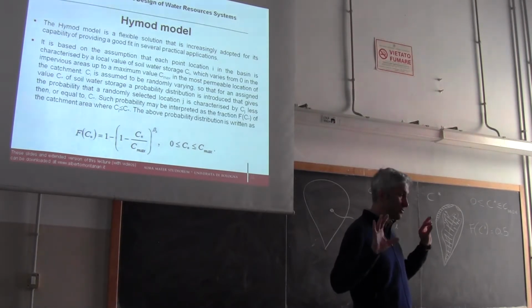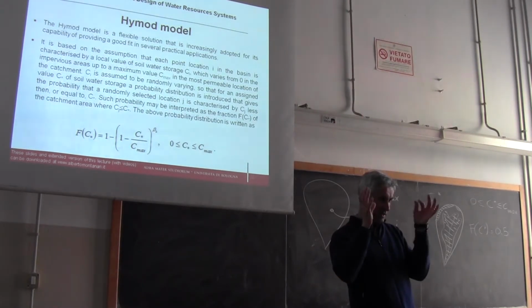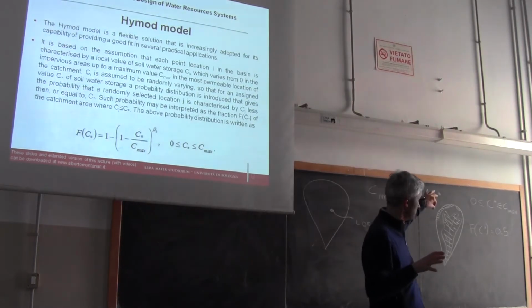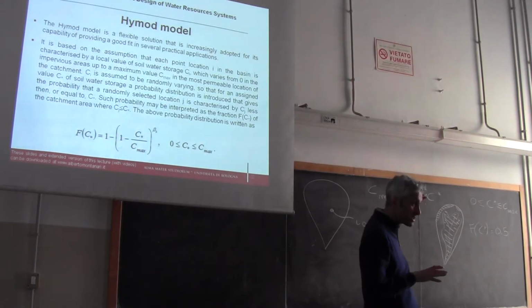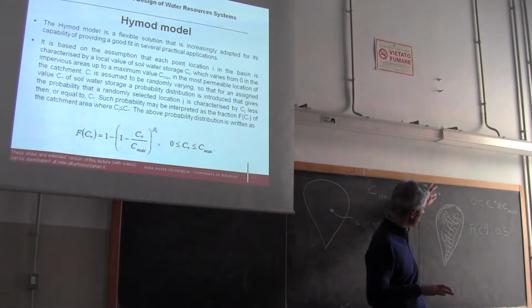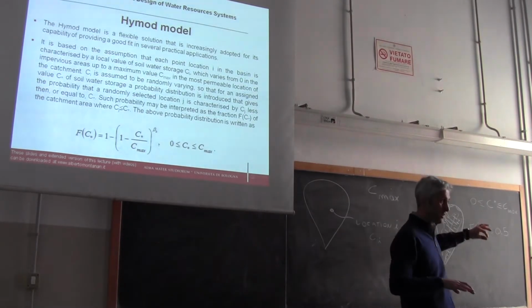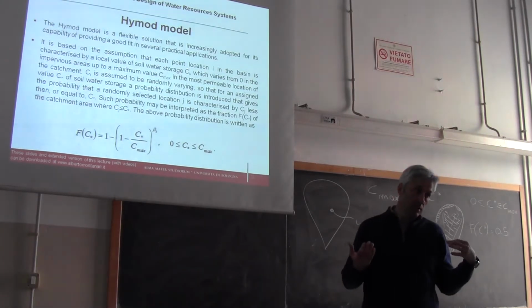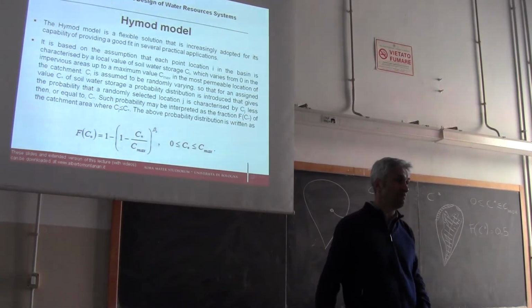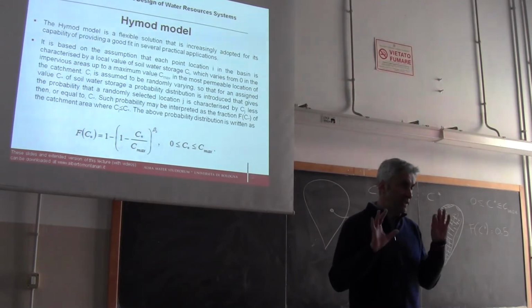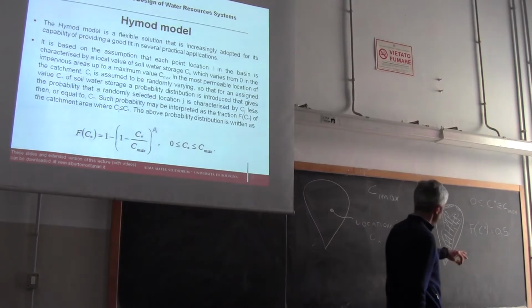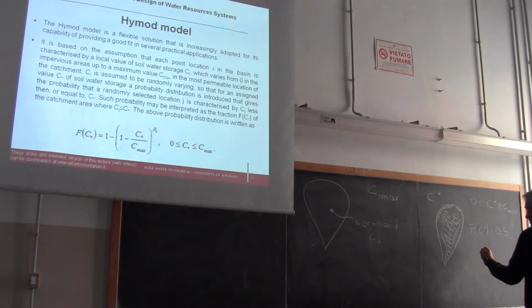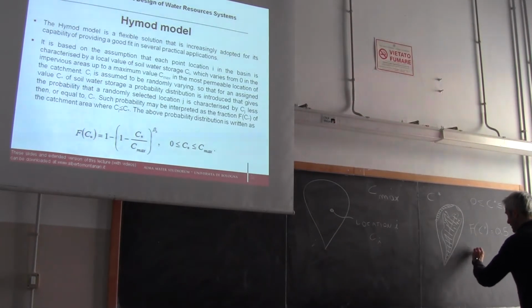What is important for now is that you get this concept for a given value of C star. Let's consider it fixed so far. If I was able to estimate the portion of the catchment where storage is lower, then I could easily compute the river flow. So what I need is a generic function f C star.